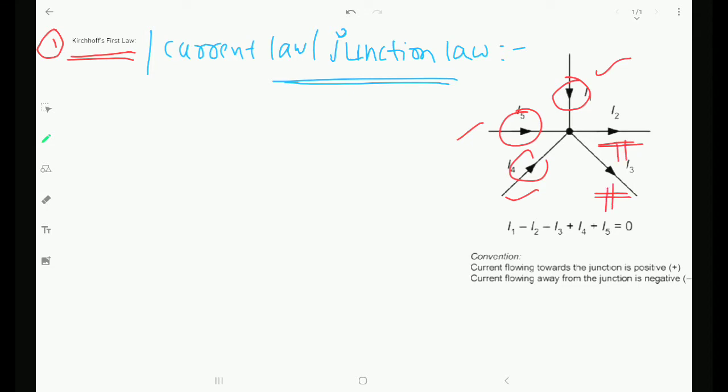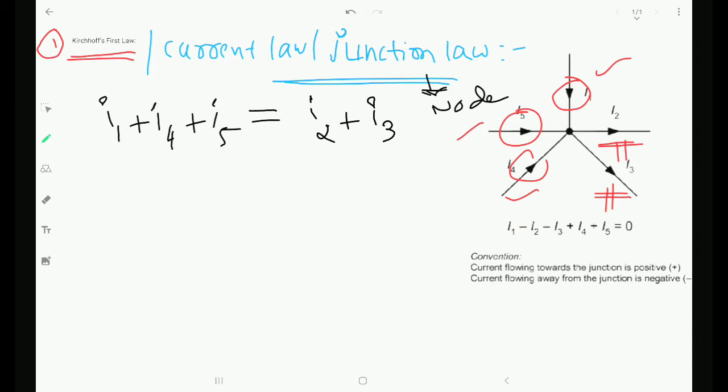So the sum of currents flowing into the junction, I1, I4 and I5, equals the currents leaving the junction, I2 and I3. The junction is also known as a node. Node is nothing but junction.